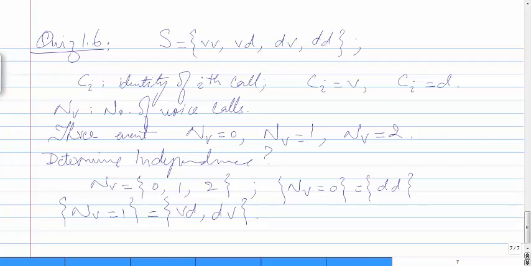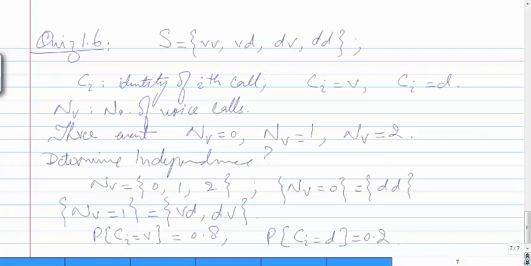So the question is: the probability that Ci is V is given to us as 0.8. Similarly, if this is 0.8, then in the case of a data call this is equal to 0.2. So these things are given to us.